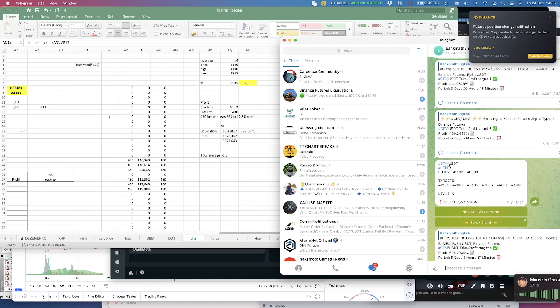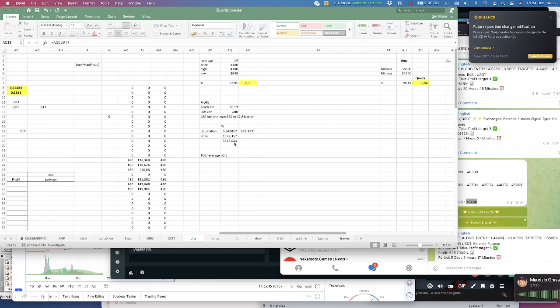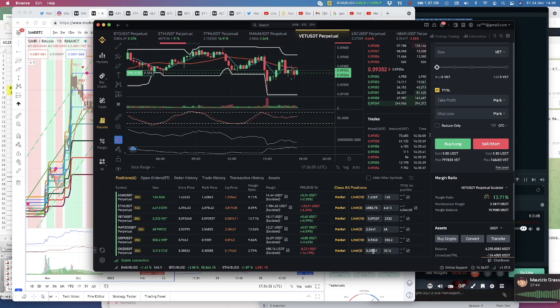Here is our trade, Ethereum, and our stop loss is 38.46. What about your liquidation price? Your liquidation price is already below your stop loss, so you're fine. Every time we place a trade here, we must check that our liquidation price is below our stop loss.